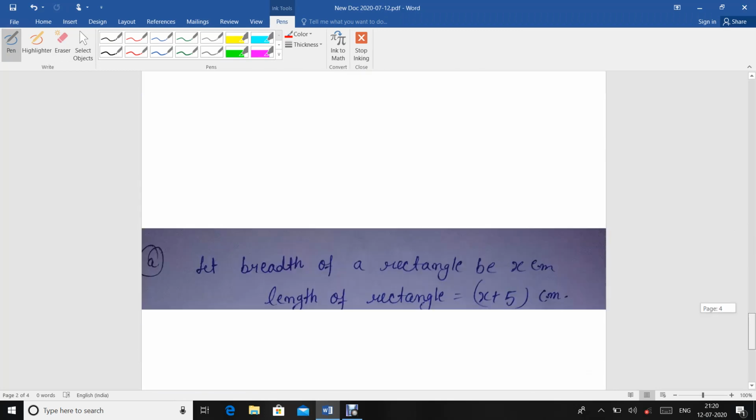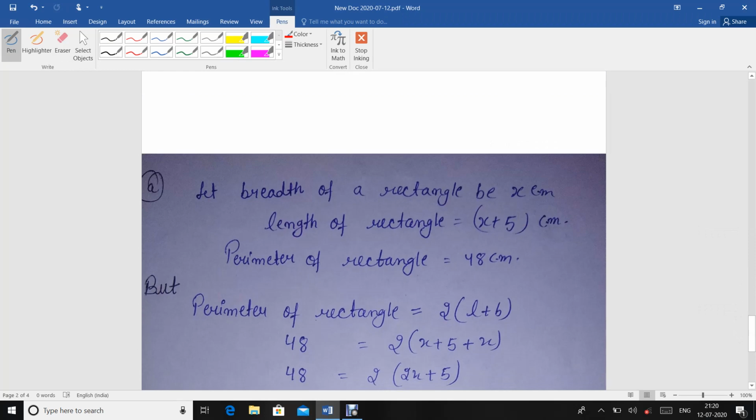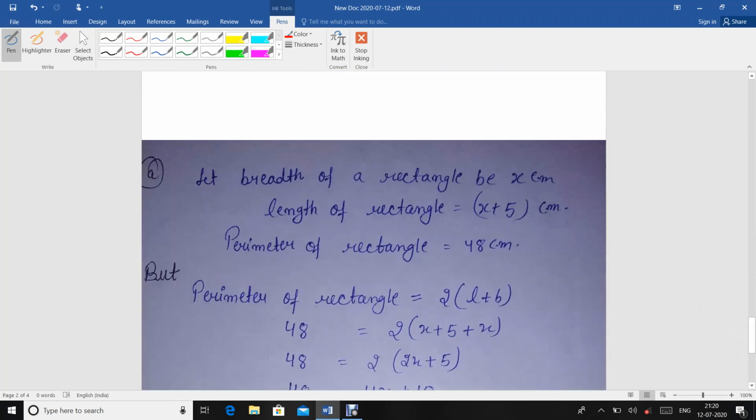See, here is the solution for this equation. You are given that length of the rectangle is 5 centimeter more than the breadth, means the length is 5 centimeter more than the breadth. If it is more than the breadth then you need to assume the breadth.